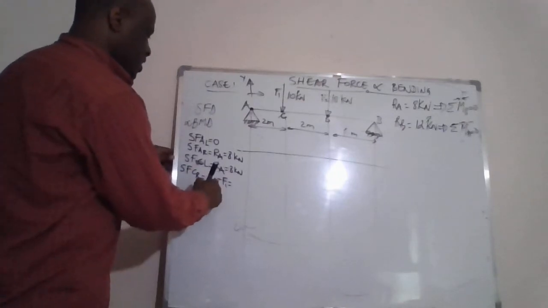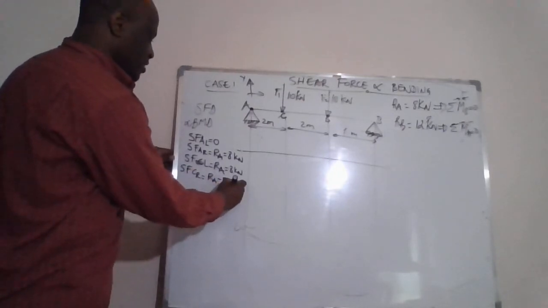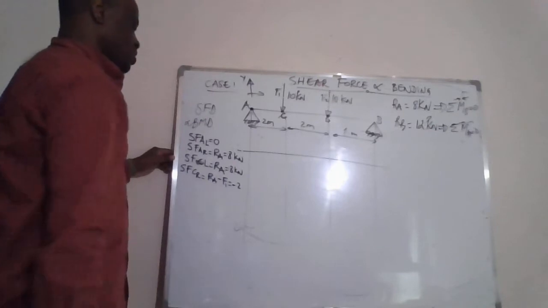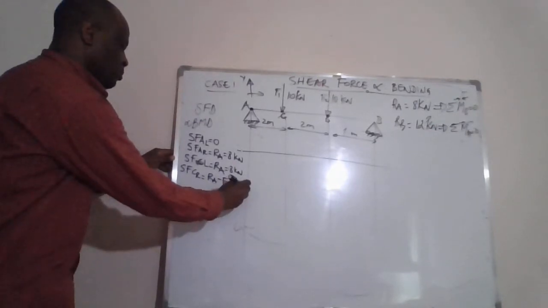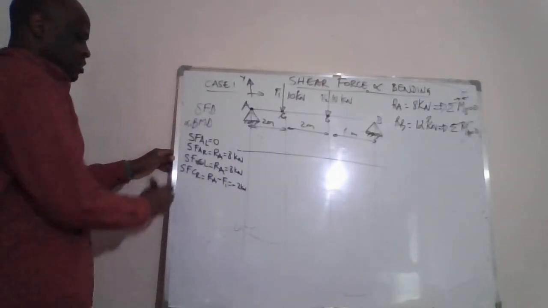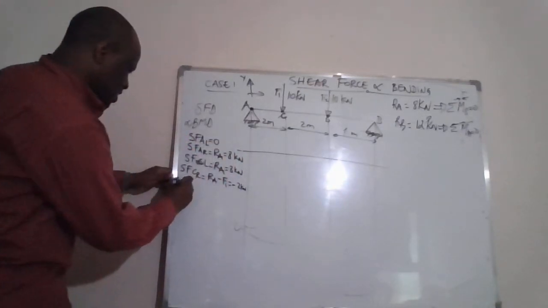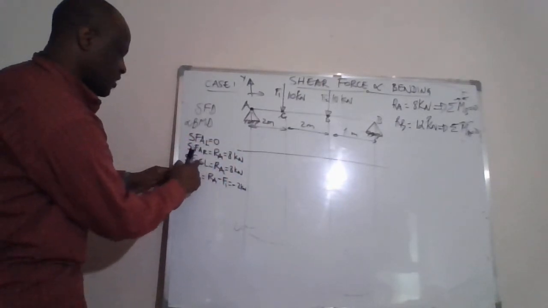RA is 8, F1 is 10, this will be minus 2. You'll have to plot the values after. Then we're done with C, left and right.